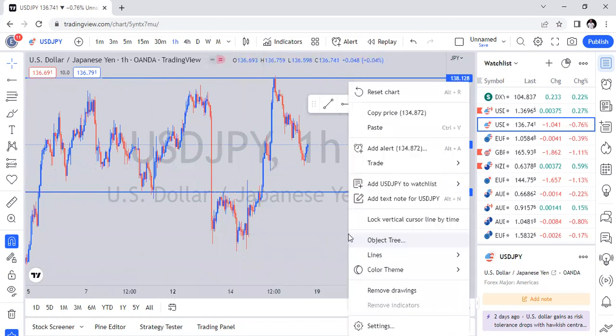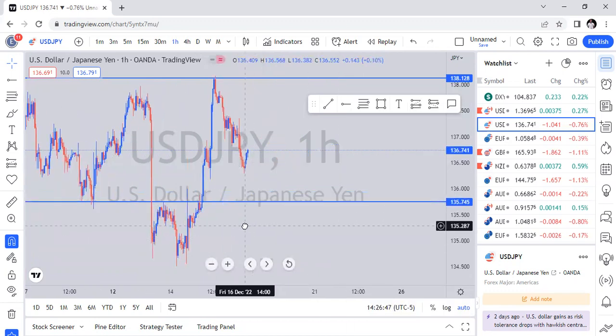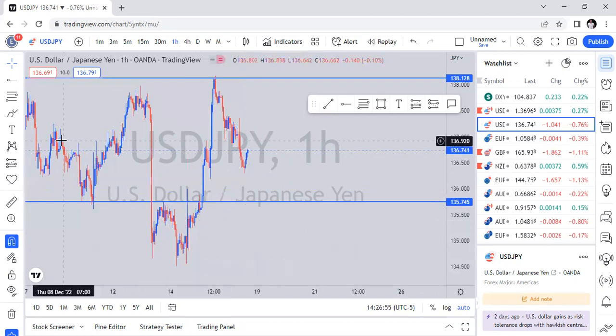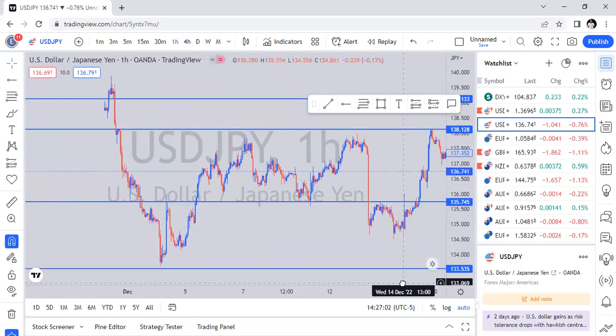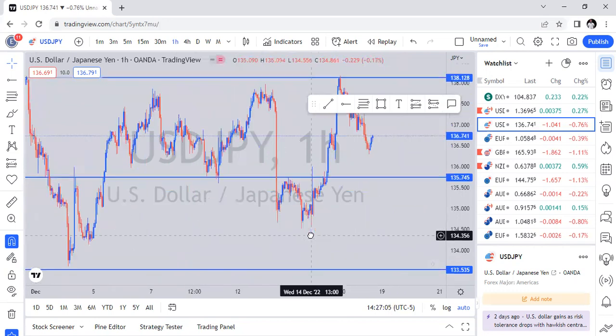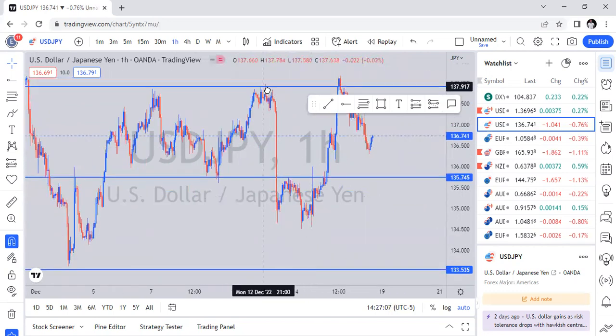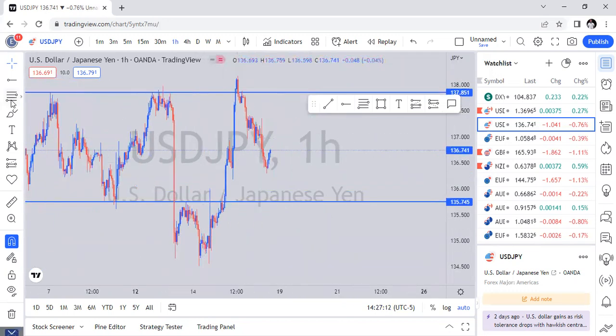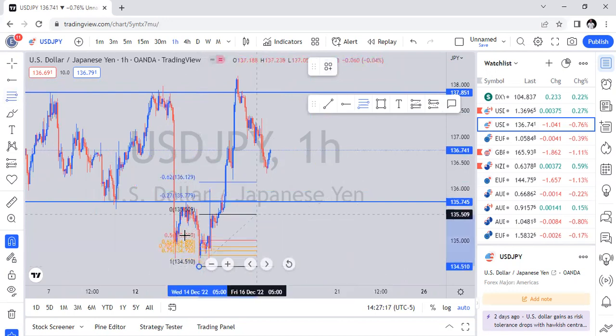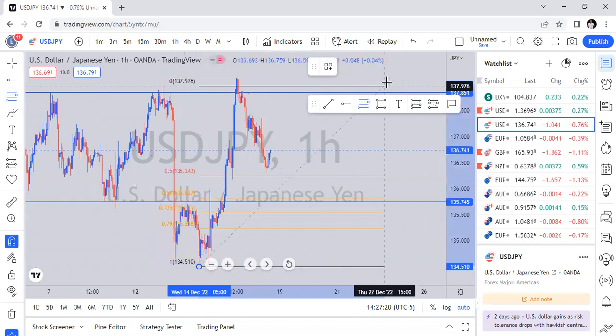If we are looking at taking advantage, maybe entering a buy or a sell for this pair, we can use our fib to measure based on this impulse how far.